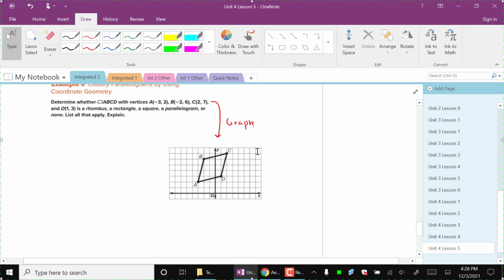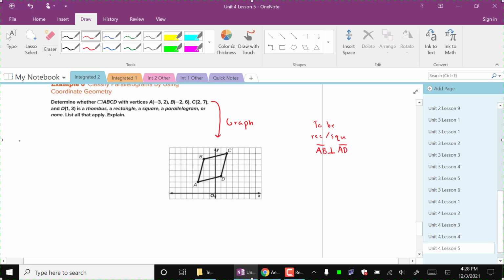So to be a rectangle or a square, AB must be perpendicular to AD. If it's not perpendicular, it's not going to be a rectangle or a square.